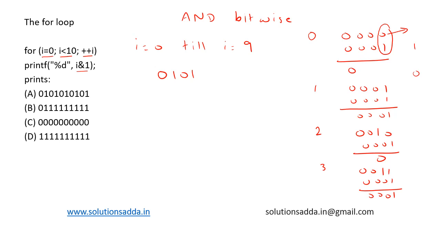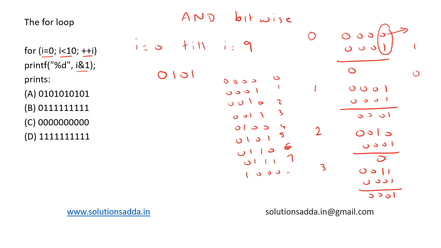So what happens here is let's write the numbers from 0 to 9 here. 0000, 0001, 0010, 0011, 0100, 0101, 0110, 0111. So the values are 0, 1, 2, 3, 4, 5, 6, 7 and 8 will be 1000.